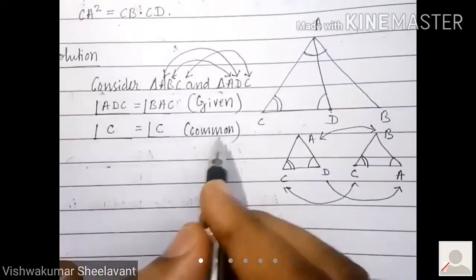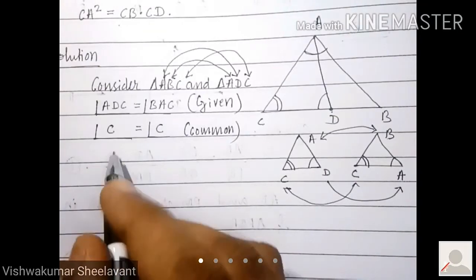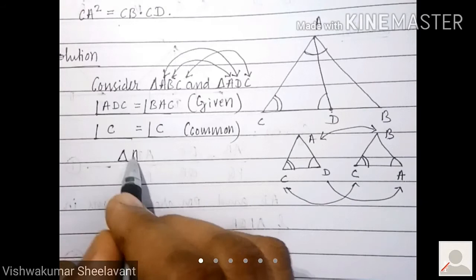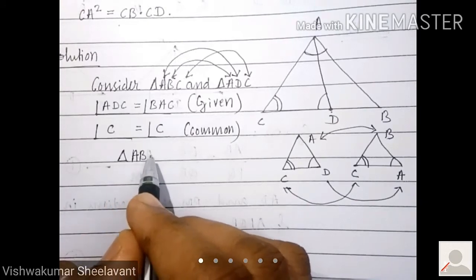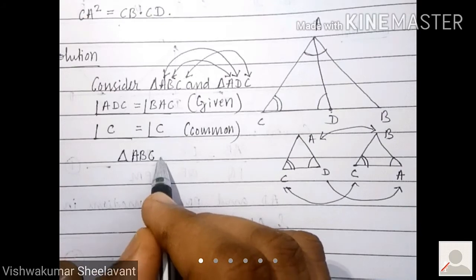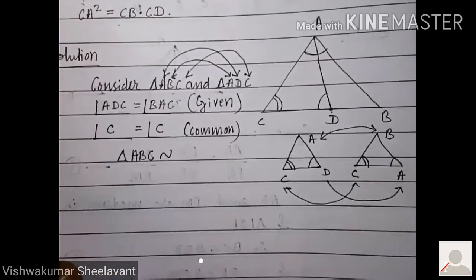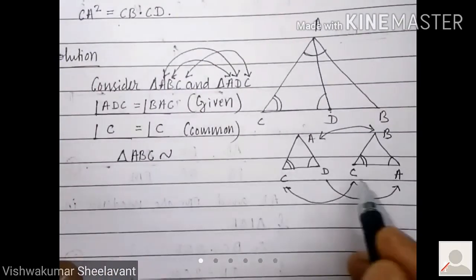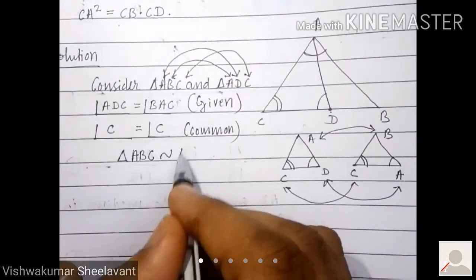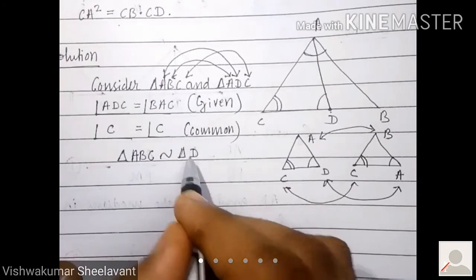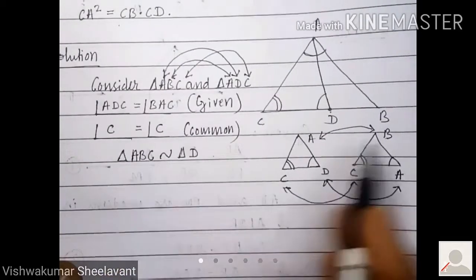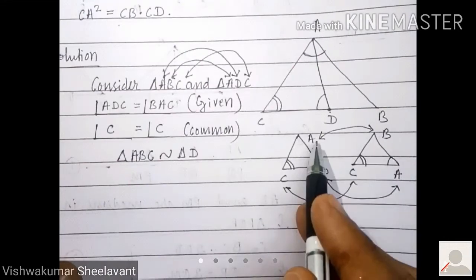So what you can write here now? Triangle ABC is similar to, A corresponds to here D. So write D. B here in a triangle ABC corresponds to A in triangle ADC.